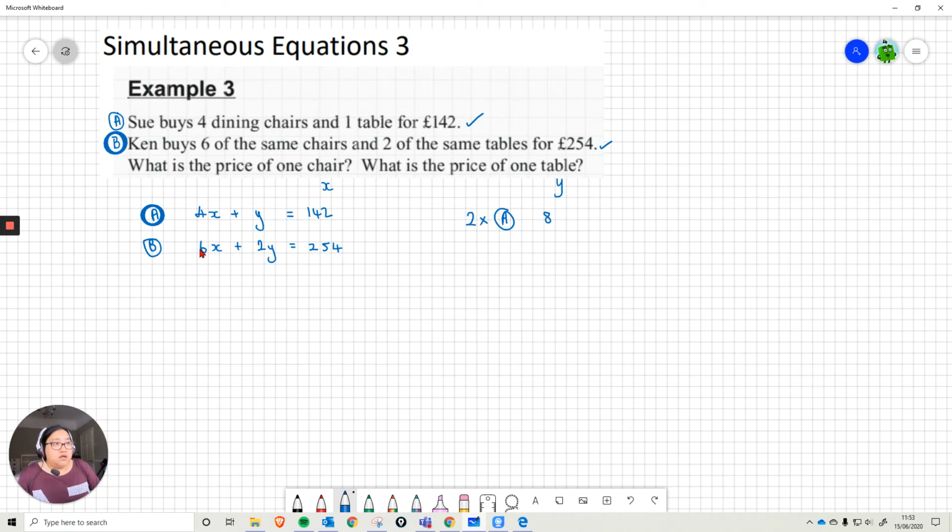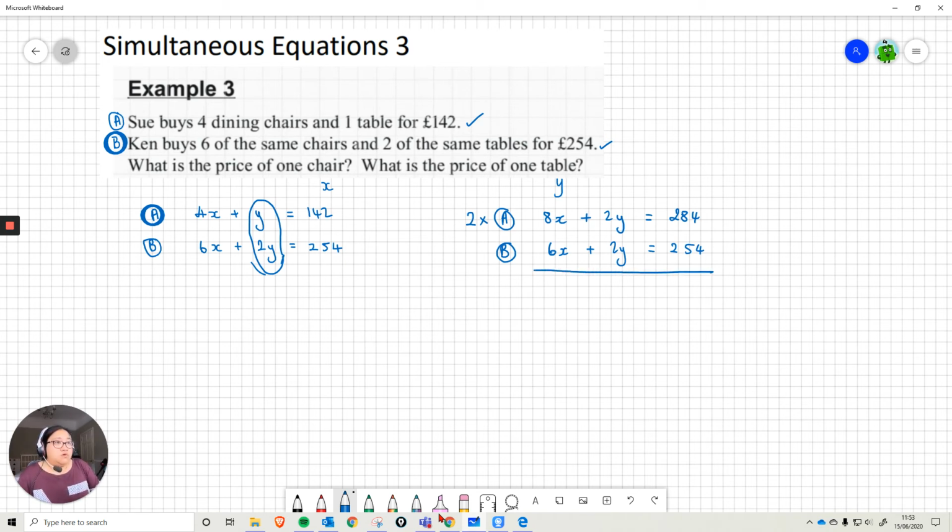I'm going to get 8x plus 2y equals 284. And equation B is already 2y, so I'm not going to change it at all. It's just going to stay as 6x plus 2y equals 254.